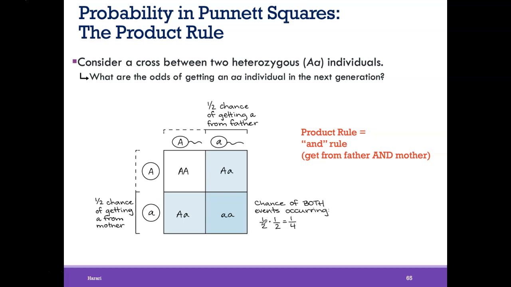So there should be a 50% times 50%, or 1/2 times 1/2 equals 1/4 chance of getting both a little a from mom and a little a from dad. And by doing the Punnett square, we get the same answer, right? 1/4. So the product rule just reflects what we're going to see in the Punnett square.